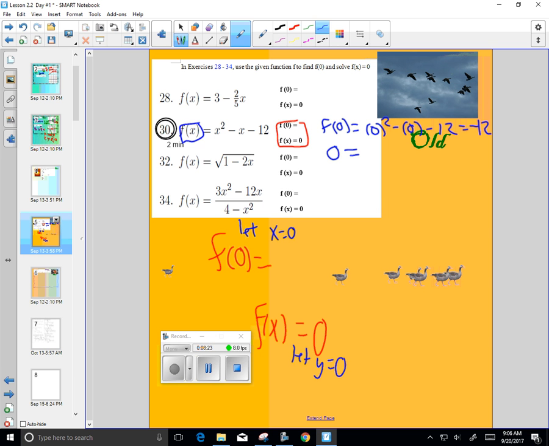F of x is equal to y, so y equals 0. Factor that. X, 3, 4. I want a negative x, so we're going to go negative 4, positive 3. So what values for x will make this y equal to 0? What's 1? 4, yep. And what else? Negative 3. Just want to make sure that you keep track of those, that you're able to do that.